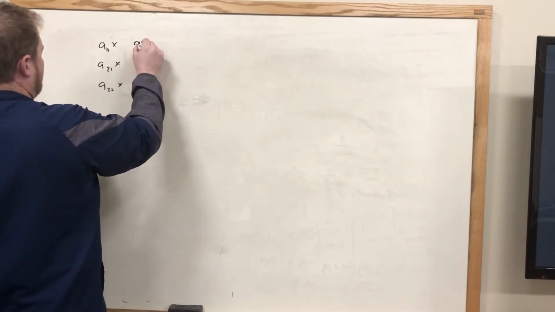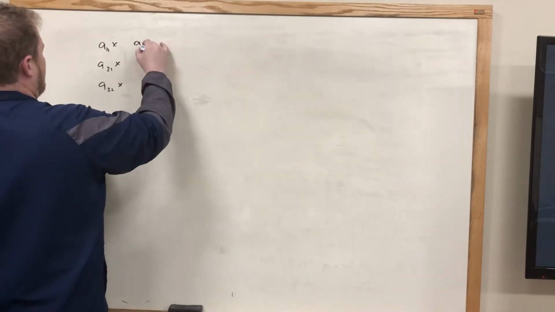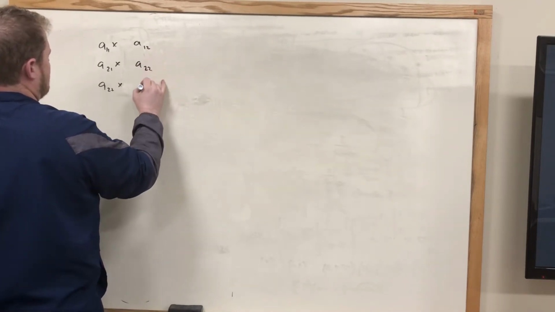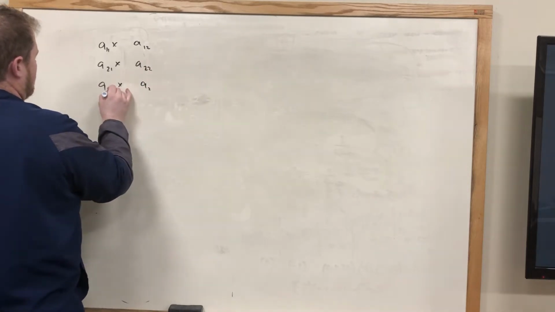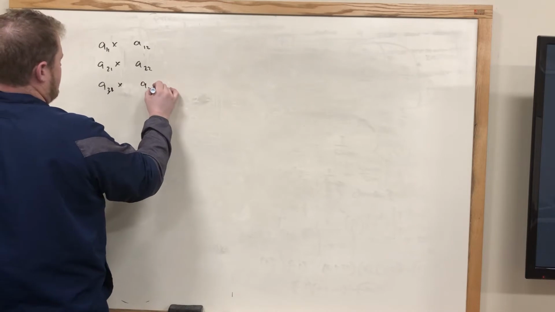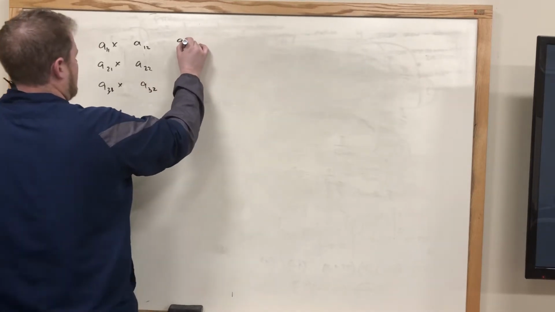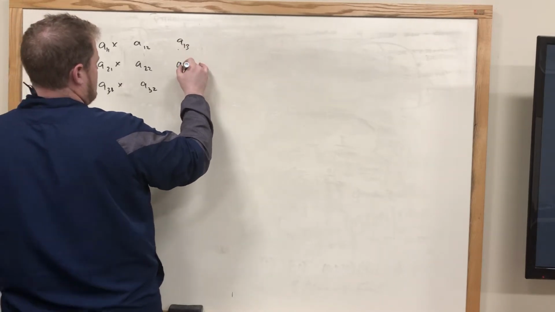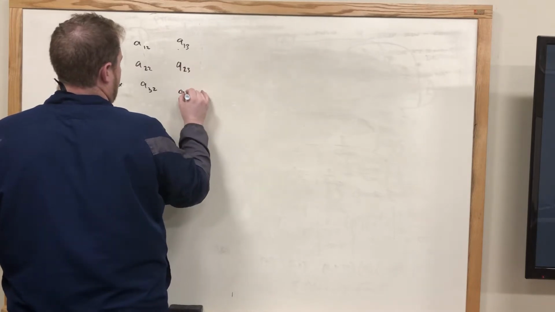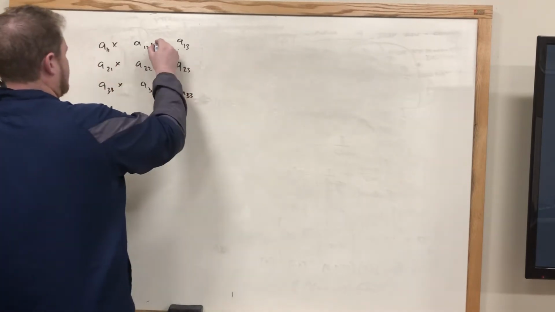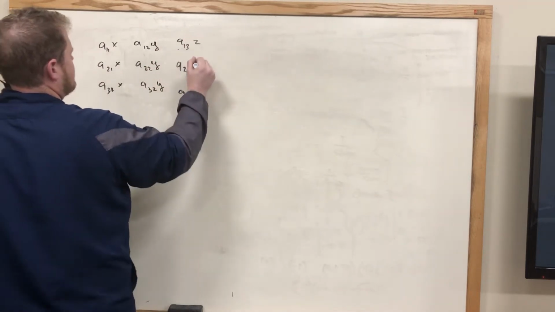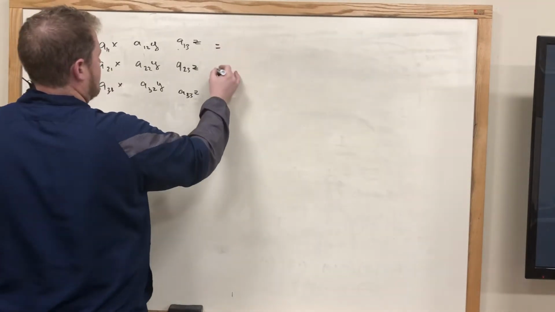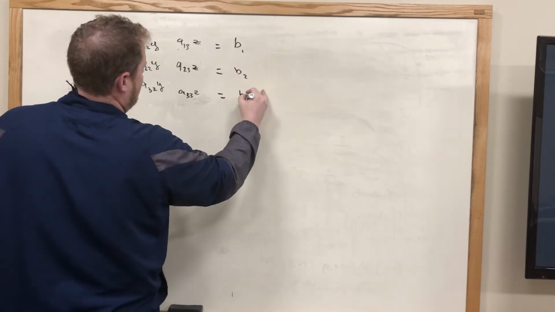Then a12, a22, a32, a13, a23, a33. And this would be our y, and this would be our z, and they're all equal to b1, b2, b3.